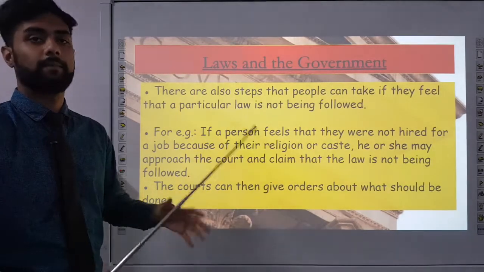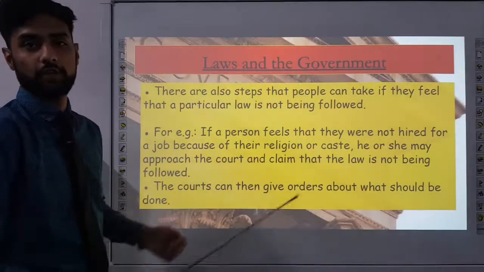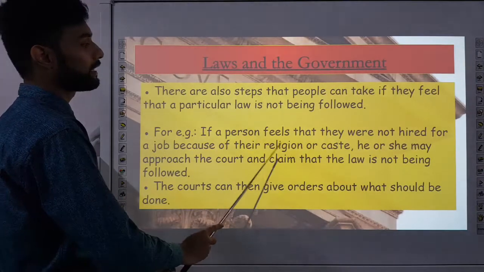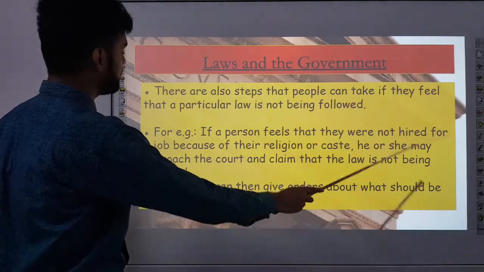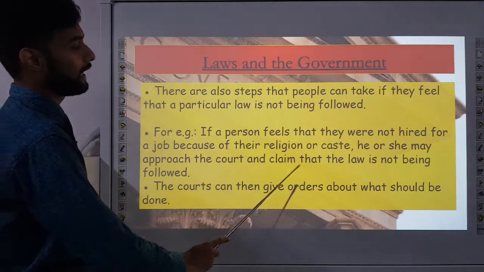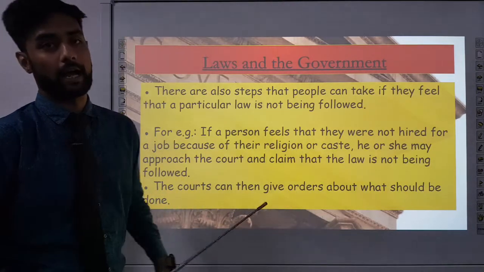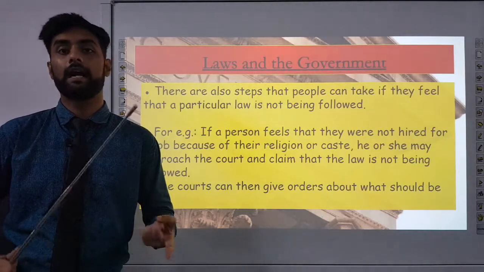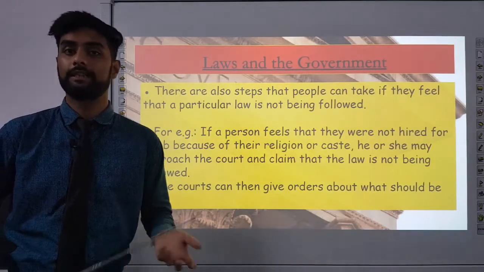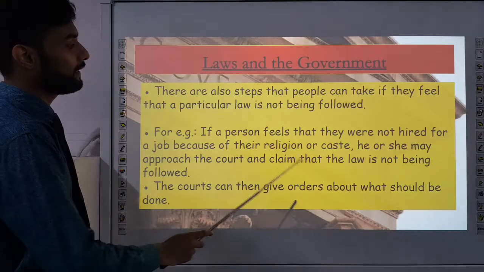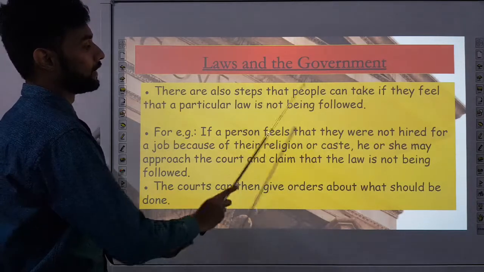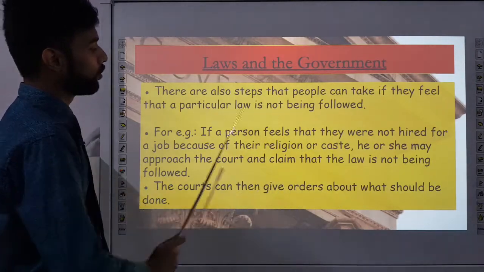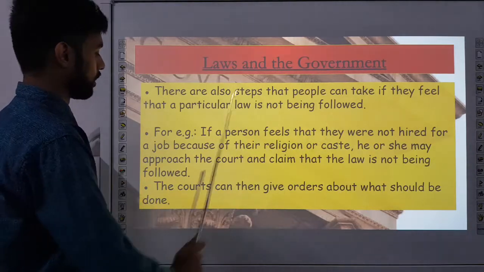If supposedly a person gives an application for a job but is not hired because of their religion or caste, then he or she may approach the courts and claim that the law is not being followed. I explained in your earlier chapter that everyone in India is treated equally regardless of their color, caste, religion and gender, right? So if someone feels that because of their religion or caste they were not hired for a job, they can go to the courts and claim that the law is not being followed.